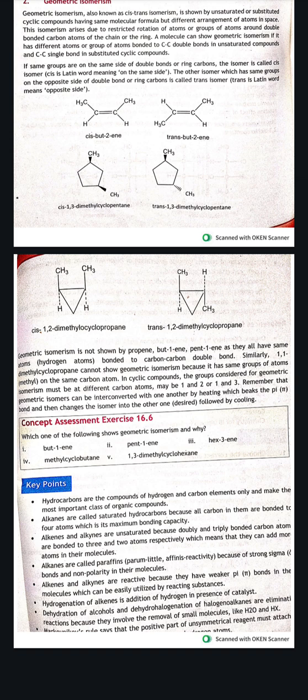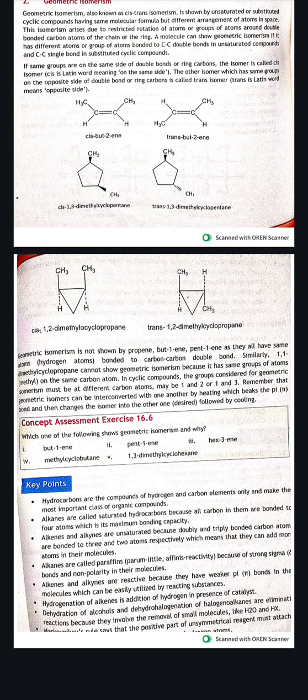In the next case we have cis-1,3-dimethylcyclopentane, and in the other trans, because one CH3 is inside the plane and one CH3 is outside the plane. So it is trans. Same is the case with cis-1,2-dimethylcyclopropane and trans-1,2-dimethylcyclopropane.